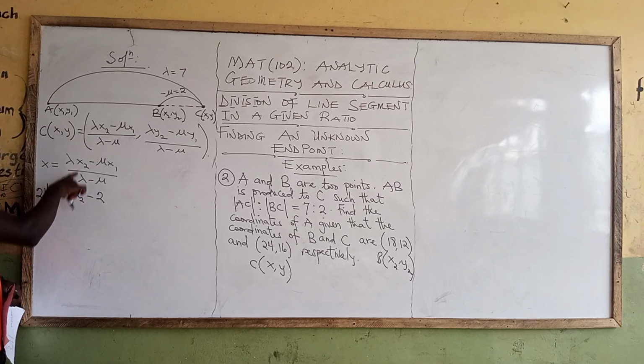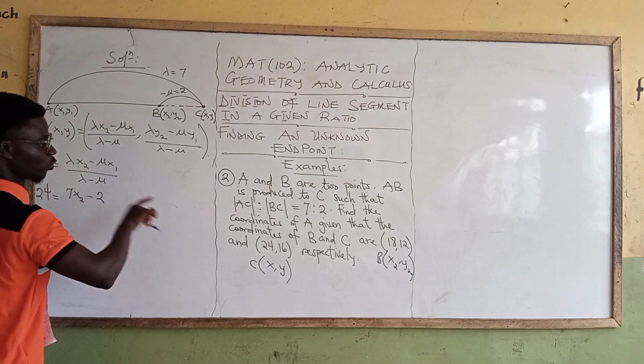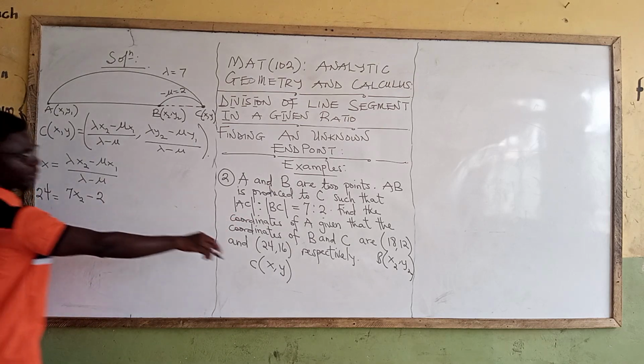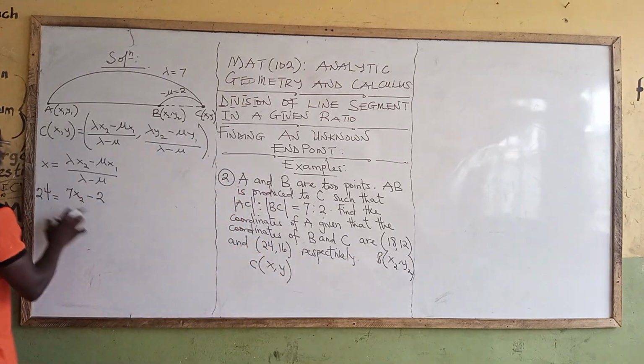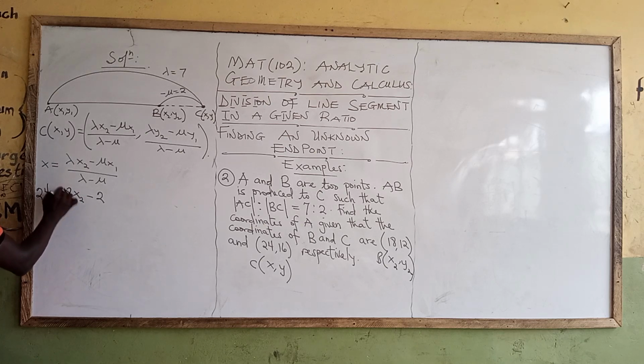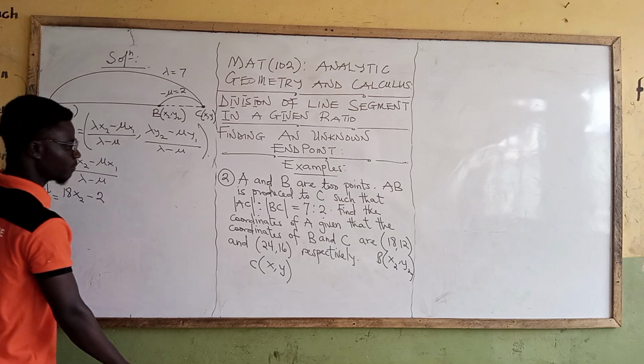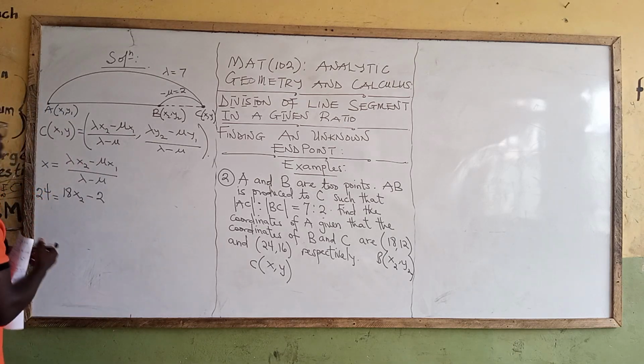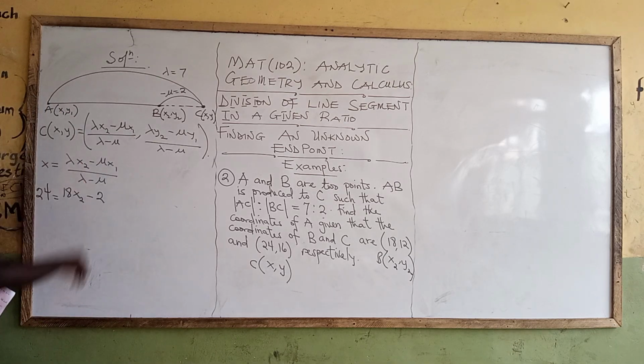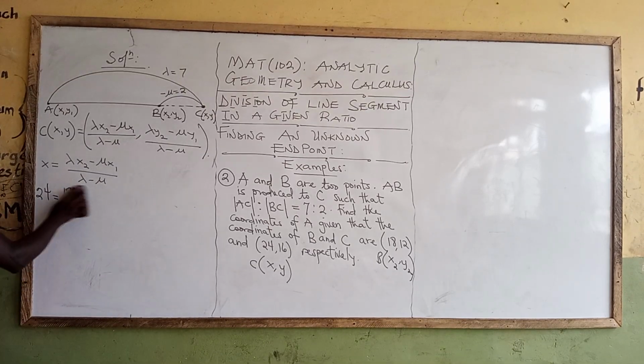Then lambda is 7, then my x2. Our x2 is 18, right? Our x2 is 18 minus my mu, then our x1. Our x1 we do not know. Oh, sorry.